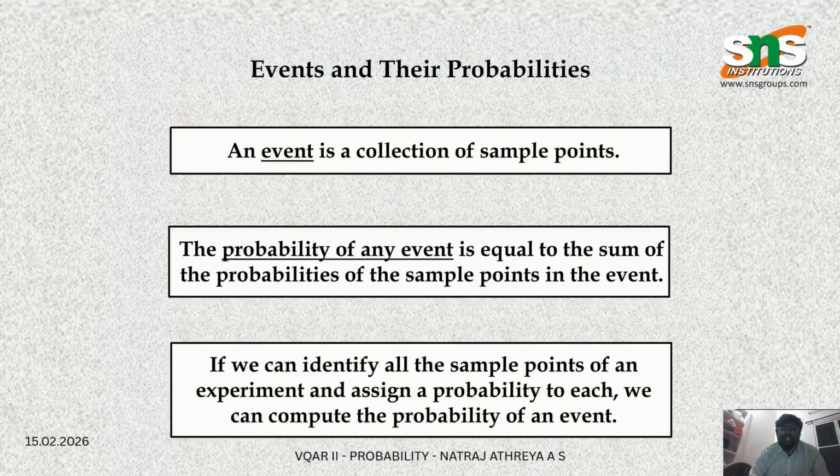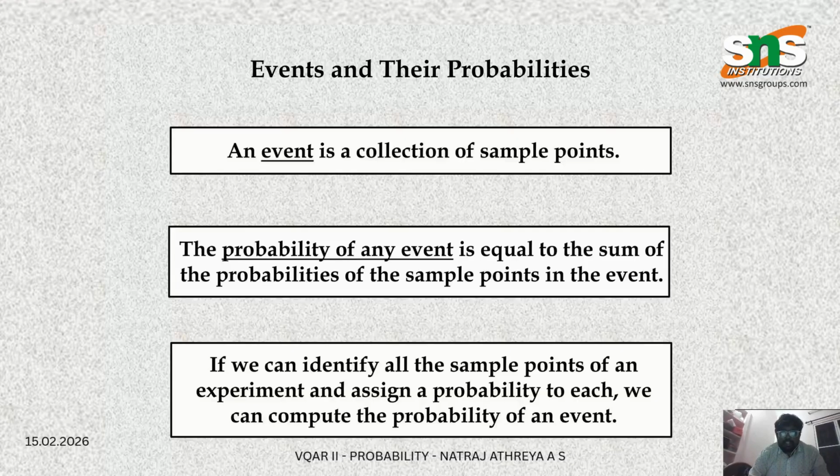Events and their probabilities. An event is a collection of sample points. The probability of any event is equal to the sum of the probabilities of its sample points. So the chance of getting each individual sample point, or answer, is summed up to give the probability of that particular event.